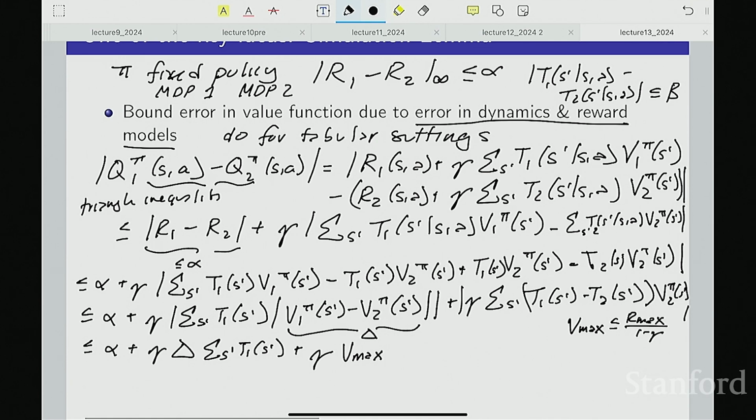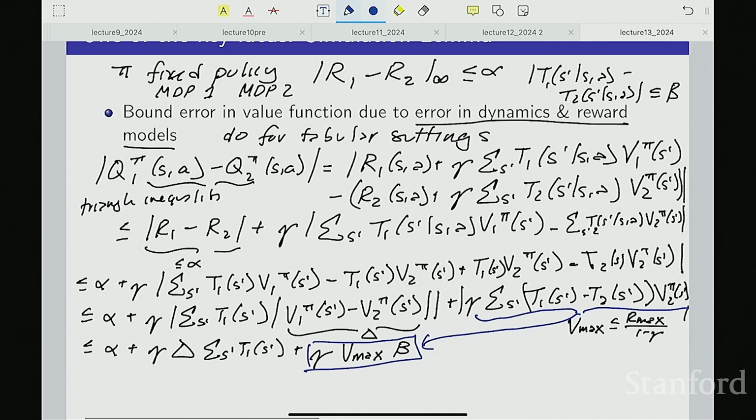If you get the maximum reward at every single time step and your discount factor is gamma, this is an upper bound on V max. So that allows me to take this term out, and then that just leaves me with my difference in my dynamics model. So I have this, and that was this term.